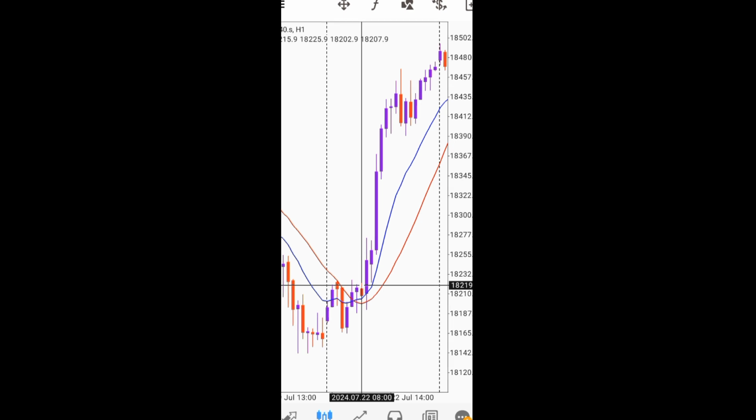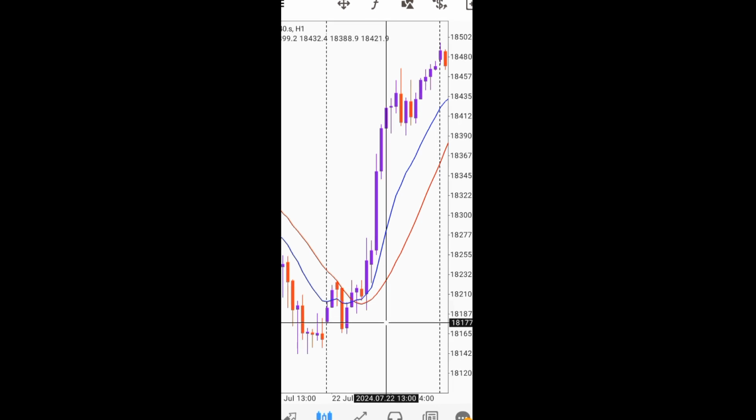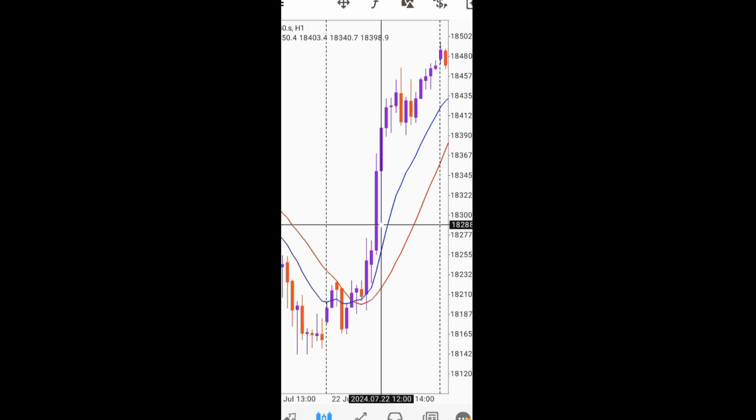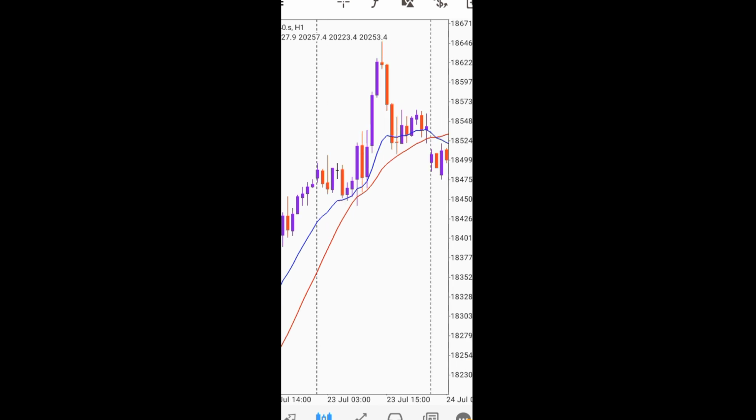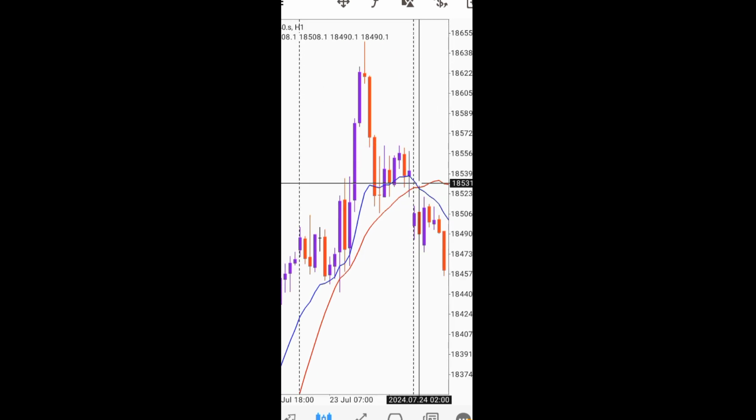When I enter my trade, my stop loss will be at a lower position if it's a buy on a bullish engulfing, like here. And if it was a sell, I would put it above the bearish engulfing. We'll see an example of selling. My exit criteria will be whenever the moving averages cross each other. As you can see in this area here, the moving averages crossed each other, so that was my signal to sell.